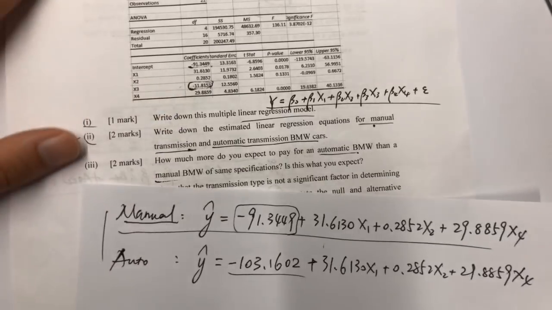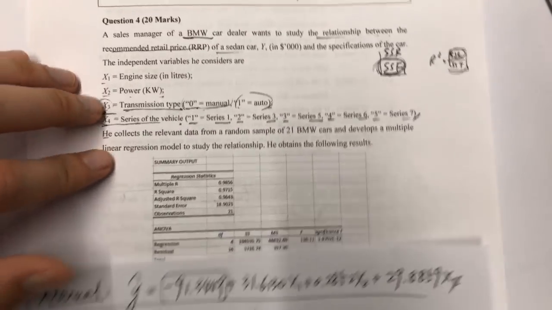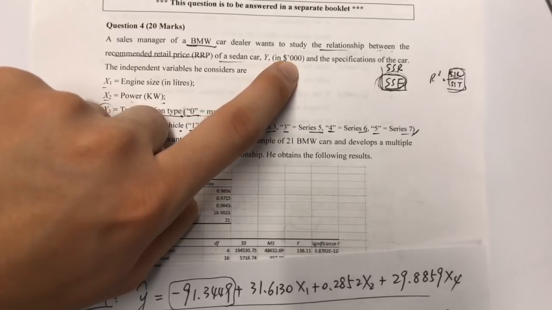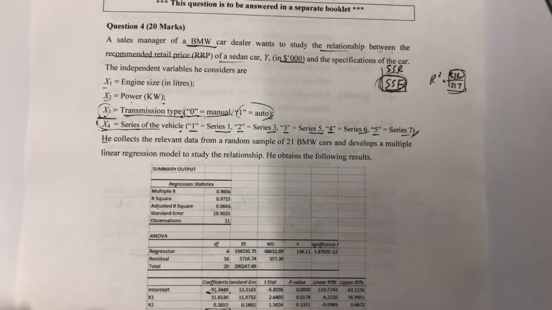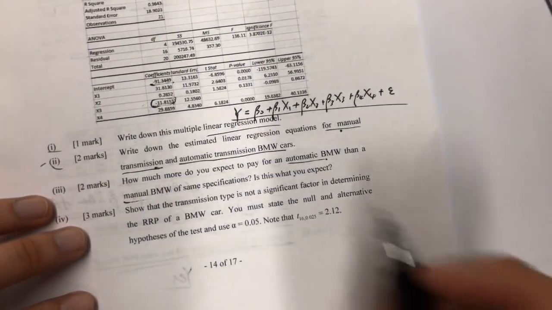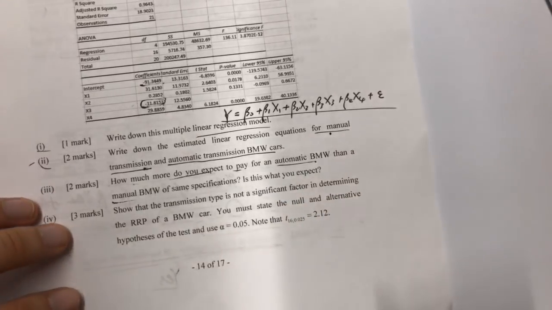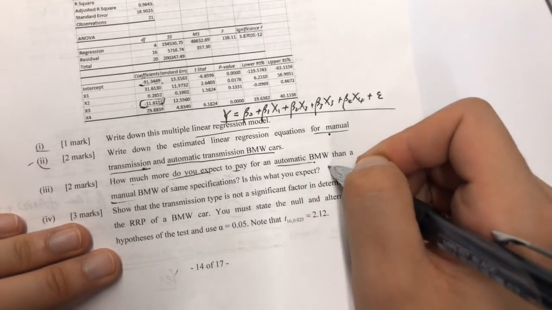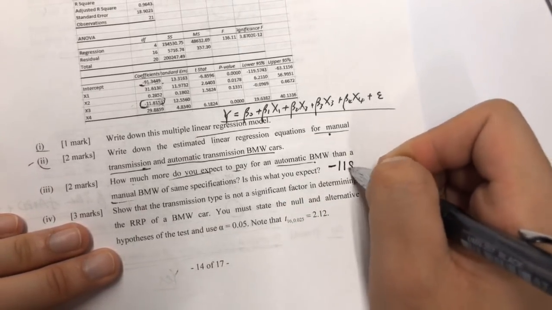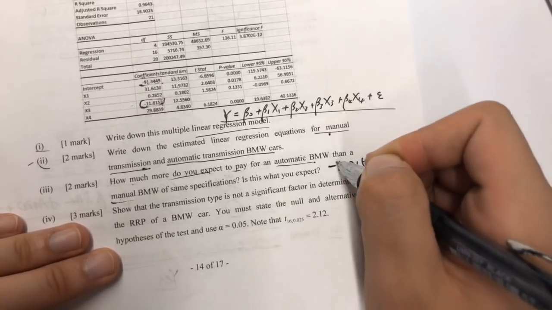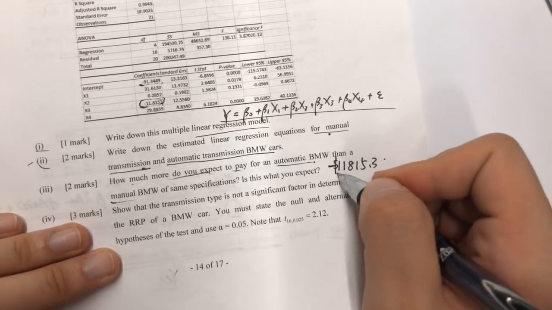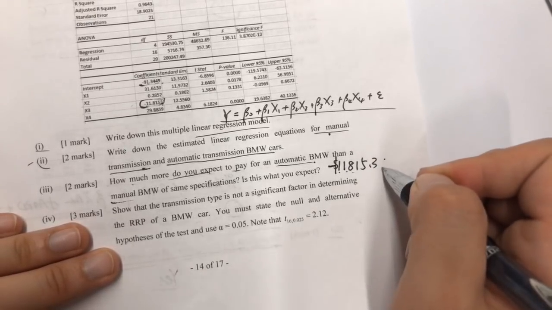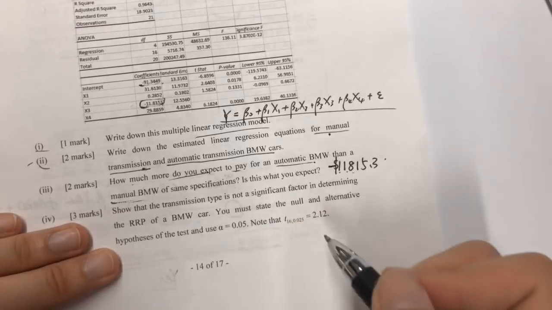But before that, we need to look at the unit here, in thousands of dollars, $1,000. So for all betas, it's all about thousands of dollars. Therefore, how much more do you expect to pay for automatic BMW? It's actually minus $11,815.3 more than, or you can say 11 something thousand less than a manual.